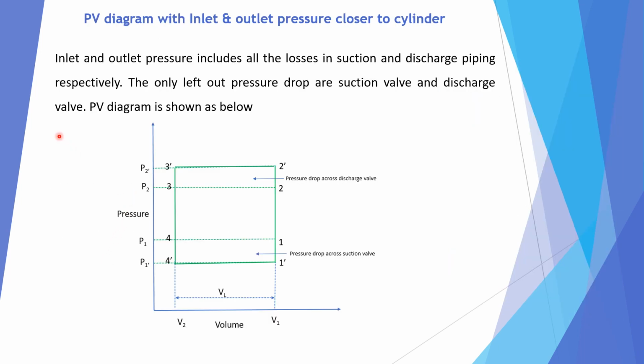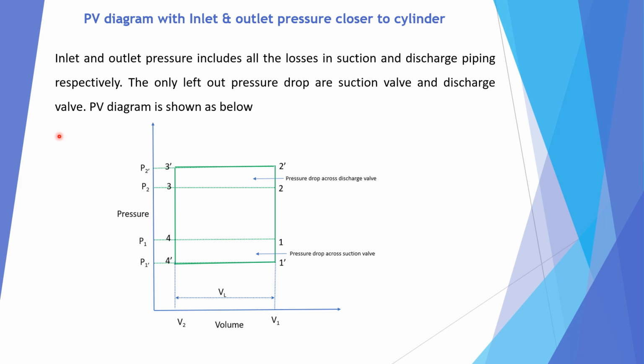This is the simplified form of PV diagram where pressure measurements are installed closer to the cylinder, that is, inlet pressure is measured closer to the inlet of the cylinder and discharge pressure measurement is installed on the discharge side of the cylinder.